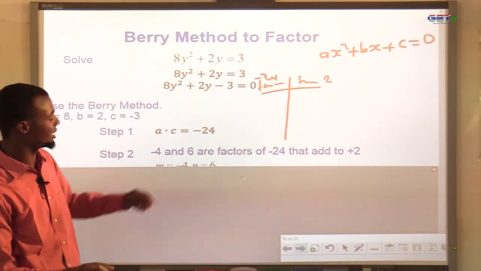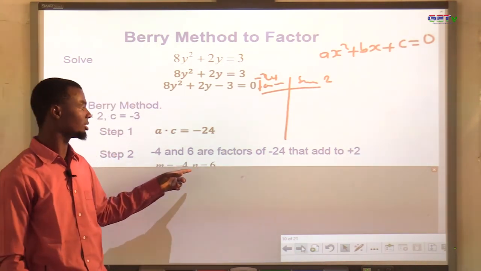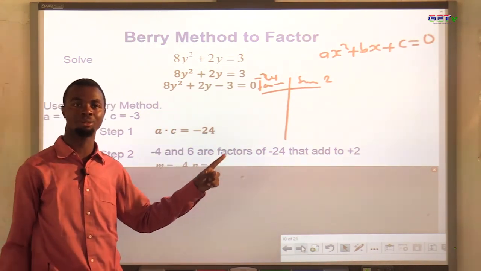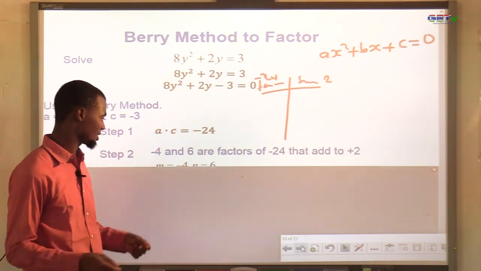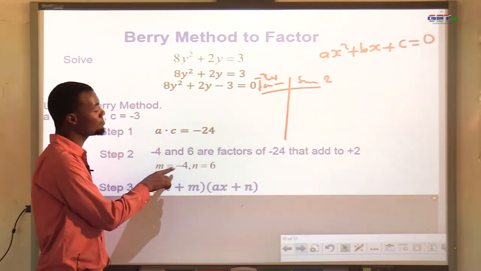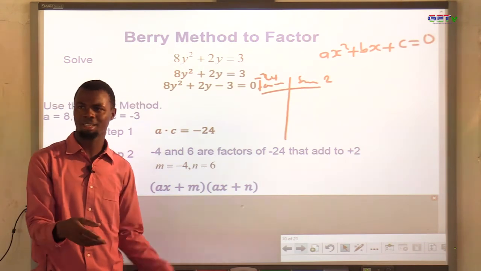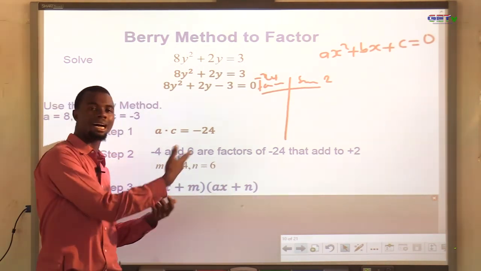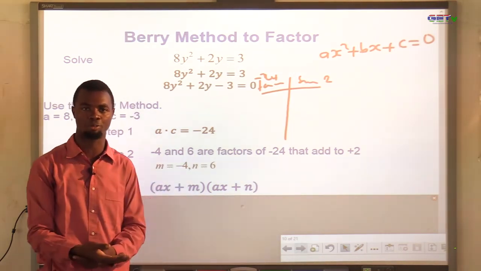The factors are -4 and 6. Then you substitute them. M is equal to -4 and N is equal to 6. It does not matter, it can happen the other way around. M can be 6 and N can be -4.